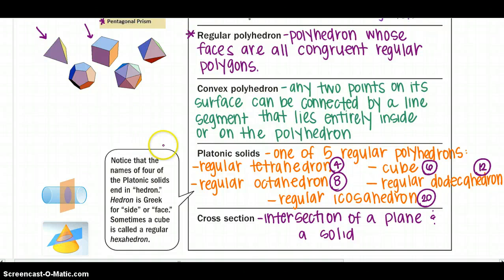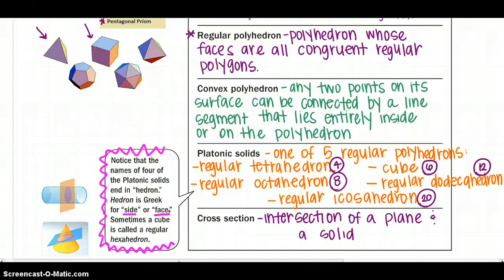If you notice over here, notice that the names of 4 of the Platonic solids end in hedron. Hedron is Greek for side or face. Sometimes a cube is called a regular hexahedron. So again, hedron means side or face, so that's where we get our name from.